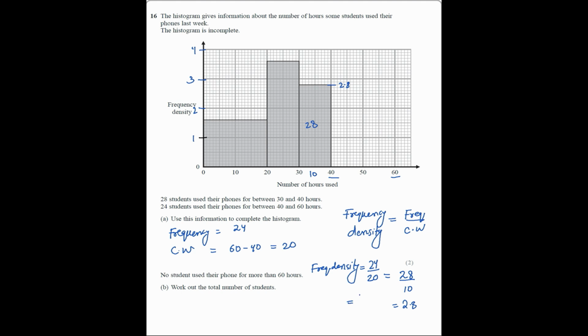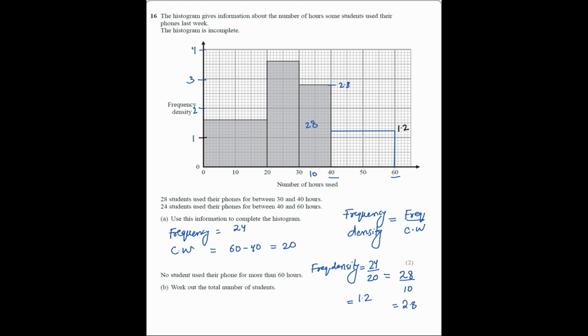So here we have 1.2. So draw the bar from 40 to 60 with a height of 1.2. The whole line is 1, so 1.2 must be there. And we have to draw it from 40 to 60, like this, with a height of 1.2.